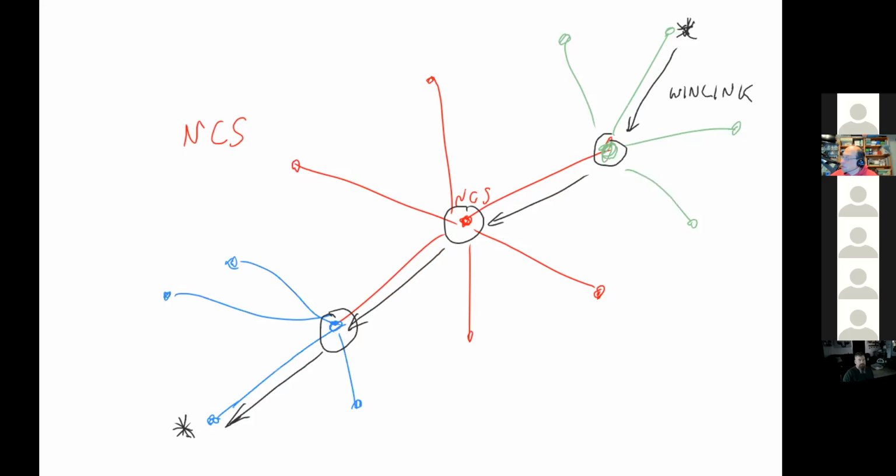But in any instance, what happens with the net control station is that the net control station, the green hub up here, might say, okay, does anybody have any traffic for the net? And station 1 would say, yes, I have traffic, and it's destined for this particular target.